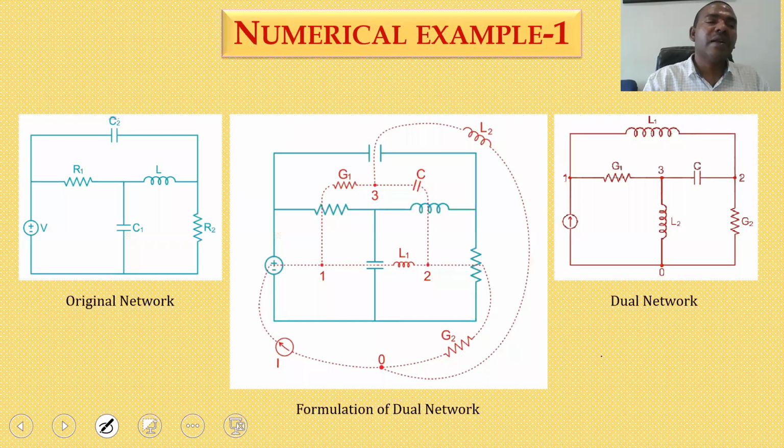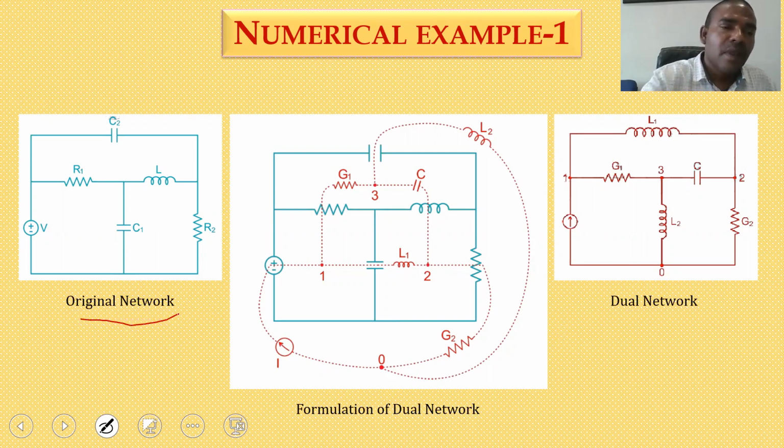So let us take the original network. This is the original network. A voltage source, two resistors, two capacitors, and one inductor are there. I am formulating the duality and drawing the dual network.